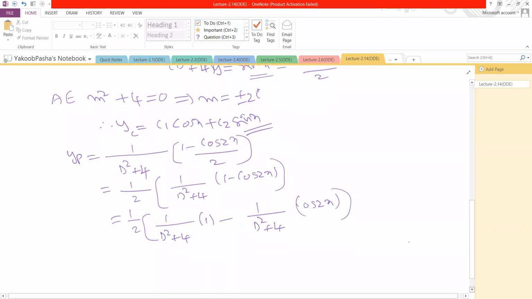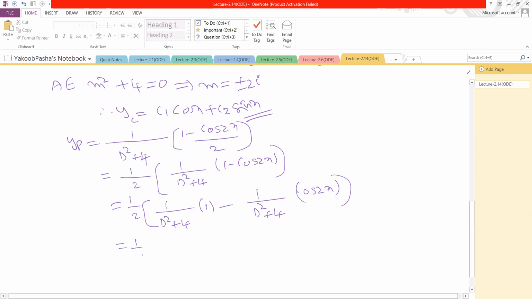So this is equal to 1 by 2 of, for the constant term, constant by constant, therefore 1 by 4. Taking D square equal to minus a square, that is minus 4, here a equals 2, so the denominator is 0. When the denominator is 0, we take x in the numerator and differentiate the denominator. The derivative of D square is 2D, on cos 2x.